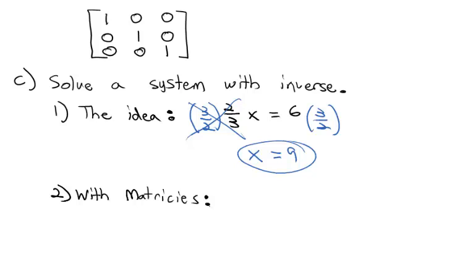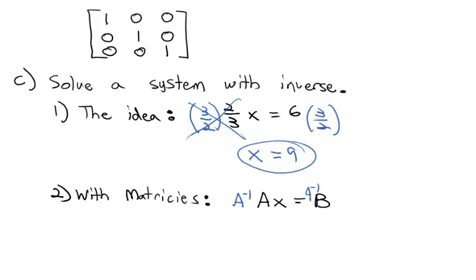With a matrix, if we have some matrix A, think about this as matrix notation now of a system, times the variable matrix is equal to the solution matrix, we need to multiply by the inverse of A. We'll write A inverse on the left, and with matrices, left and right makes a big difference.